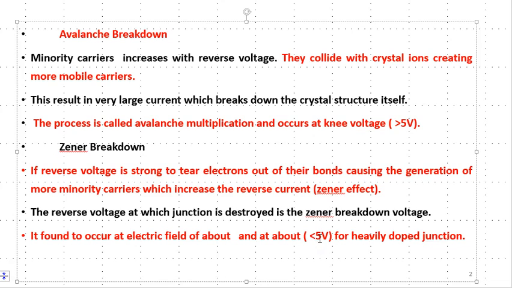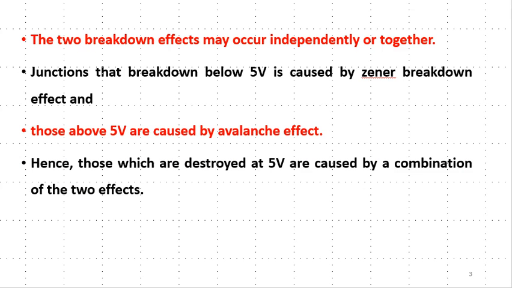We can see the difference. For the avalanche breakdown, greater than 5 volts. For the Zener breakdown, less than 5 volts. Now, these two effects, the Zener and the avalanche breakdowns, can occur separately, that is, either Zener occurs or the avalanche occurs separately. And sometimes they can occur together, that is, both the Zener and the avalanche breakdown taking place at the same time.